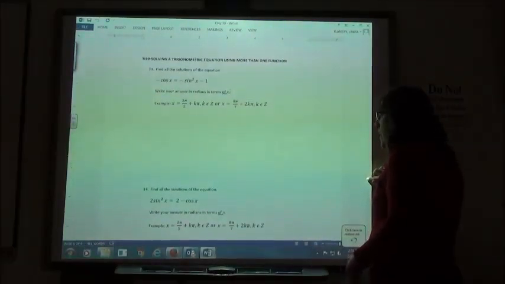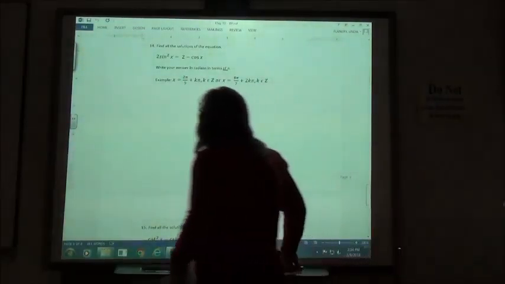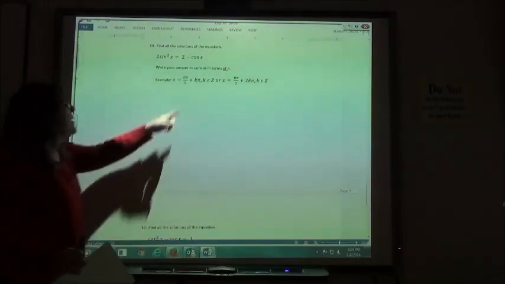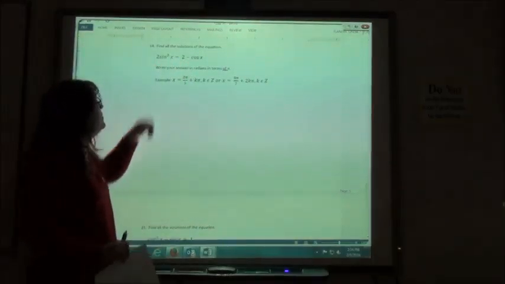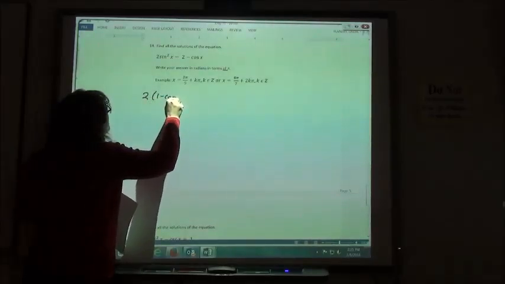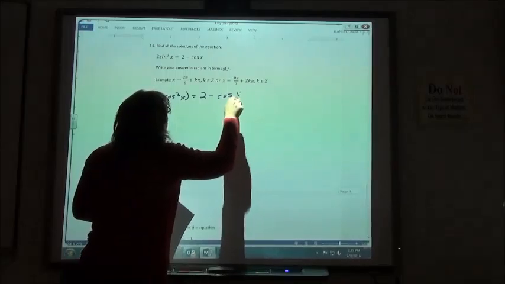Number 14. I have 2 sine squared of x equals 2 minus cosine of x. Again, since this has cosine, I'm going to substitute in there and say 2 times 1 minus the cosine squared of x equals 2 minus the cosine of x.